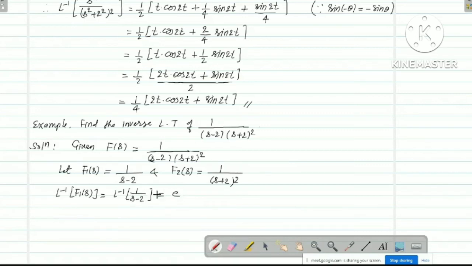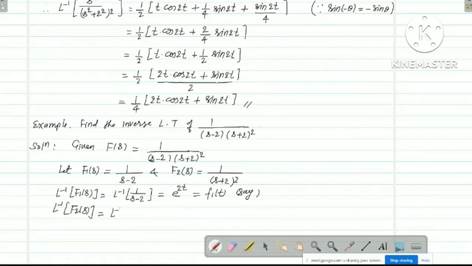It is e raised to 2t, since the minus sign is there in s minus 2. Name this function small f1(t).